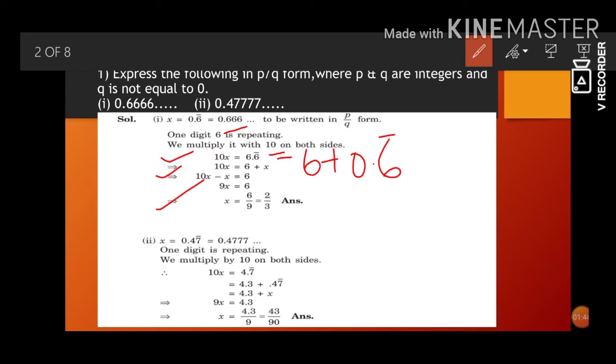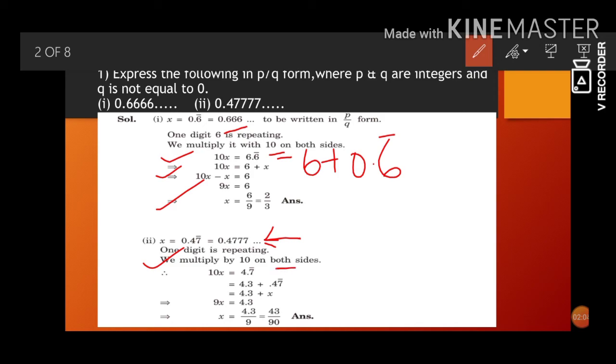0.47 bar can be written as 0.4777 dot dot dot. Here you can see also only one number is repeating itself. Since only one number is repeating, we will multiply it with 10. So we will get 10x is equals to 4.7 bar.